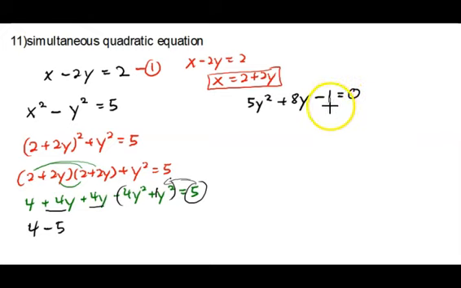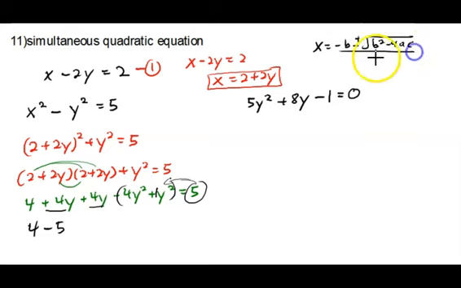So from here we can use the formula. Okay, so by using the formula, over here a is 5, b is 8, and c is negative 1.